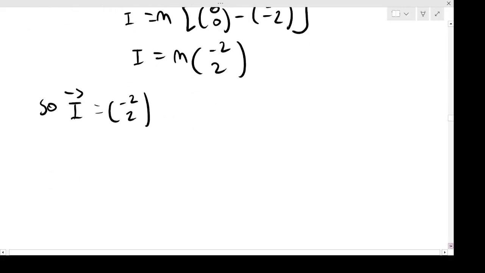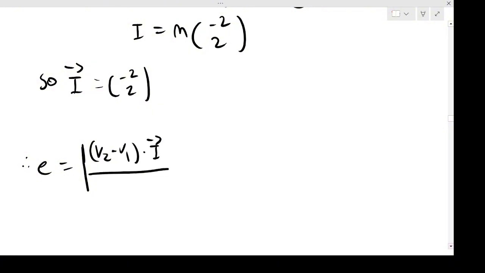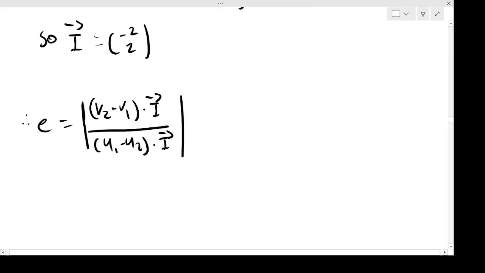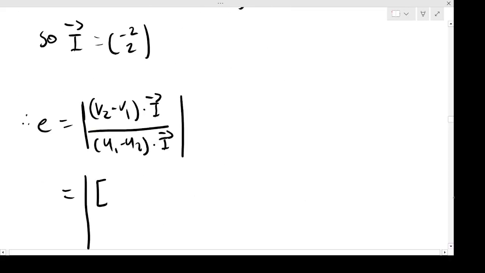So remember that e is this formula here. So it's the magnitude of (V2 take away V1) dotted with I, over (U1 take away U2) dotted with this I as well, this direction vector for I. Right, hopefully you're with me here. Now, I'm just going to sub my vectors in. So V2 take away V1, well, V2, VB, is (0, 0), so (0, 0) take away V1.